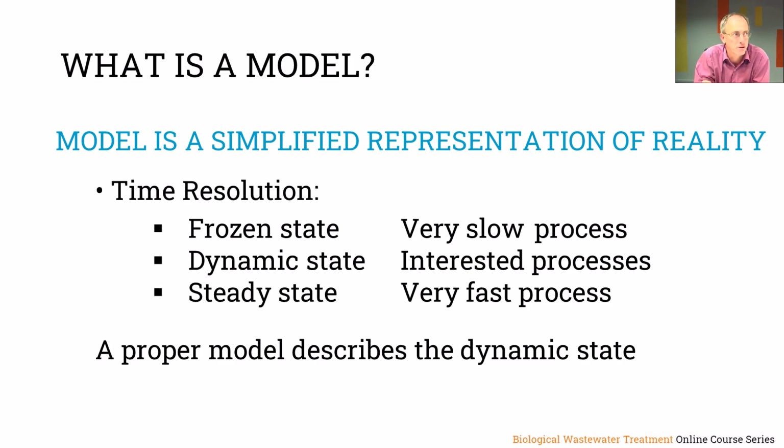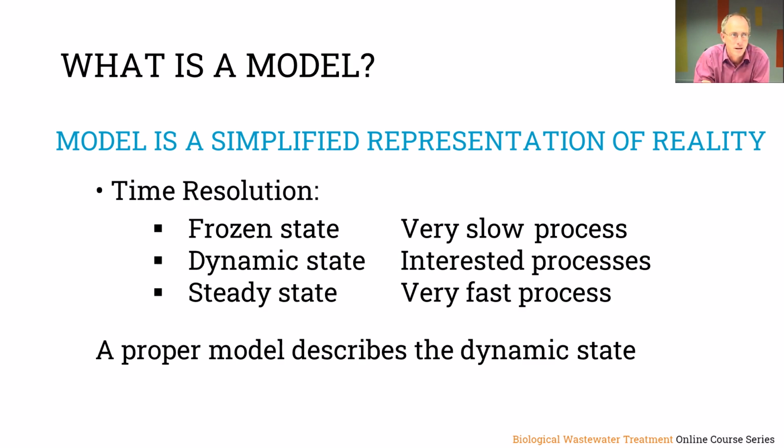A process in frozen state means that that process will change in time, but not in the time that you are interested in for the process. For instance, if you're dealing with daily dynamics at a wastewater treatment plant, then the concentration of ammonia in the effluent will vary over time, the concentration of nitrate will vary in the reactors, et cetera.